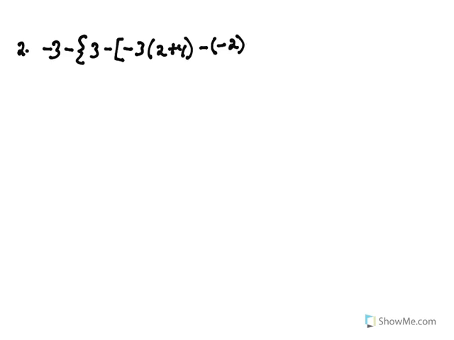Okay, so we have minus 3, take away, and braces 3, take away, open bracket, minus 3, open parenthesis, 2 plus 4, closed parenthesis, minus, open parenthesis, minus 2, closed parenthesis, closed bracket, closed brace.